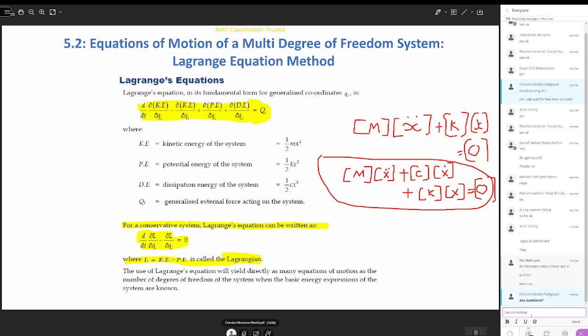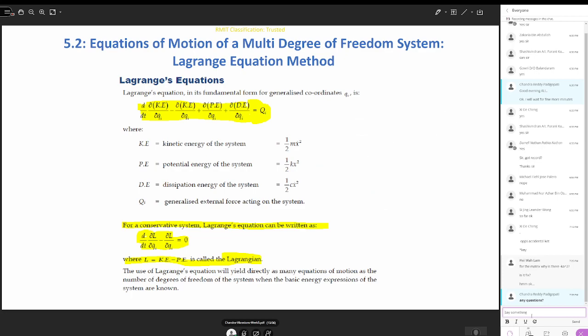All right. So the next important aspect in multi-degree freedom systems is we can also derive equations of motion without using the free body diagram. So we use the energy method. We have applied it for single degree freedom systems.